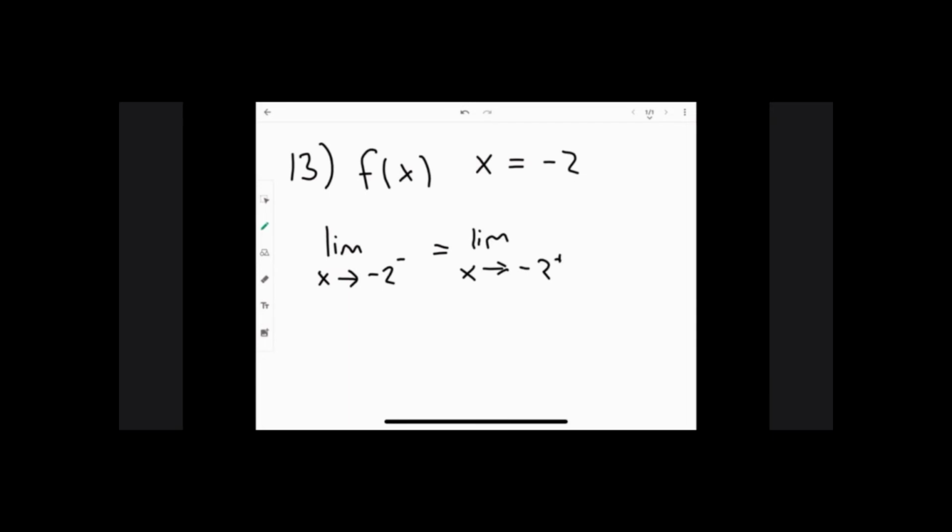For lim x goes to minus 2 minus, we have to substitute it into the first part of the function, or 3x, because it's slightly less than minus 2. And for lim x goes to minus 2 plus, we have to substitute it into the second part of the function because it's slightly greater than minus 2. For both, we get minus 6. So they're equal. So there is no gap in the function, which means that 2 is false.